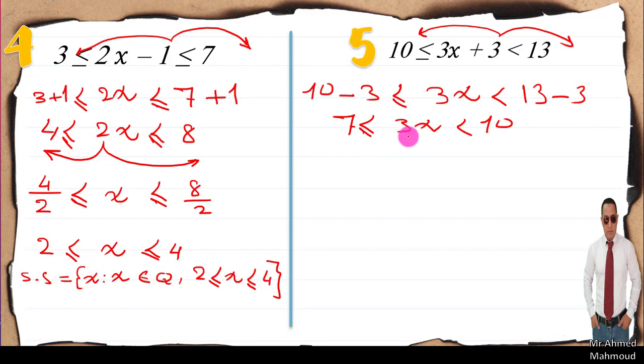So I'm going to send 3 here and here as a divisor. So it is 7 over 3 less than or equal to x less than 10 over 3. 7 over 3 and 10 over 3 are in the simplest form. Now it's the solution set.